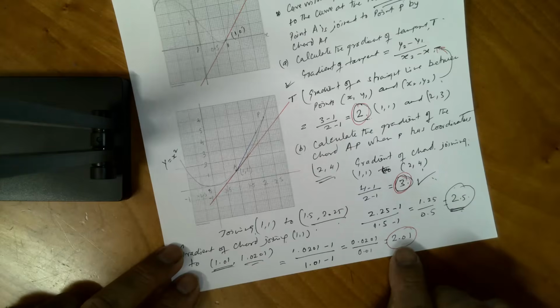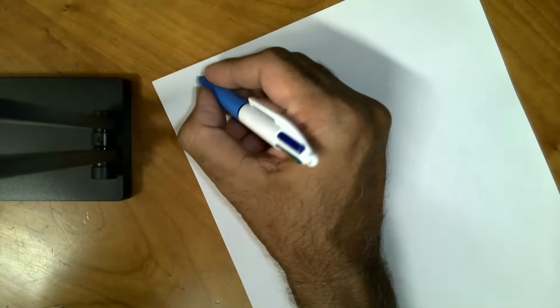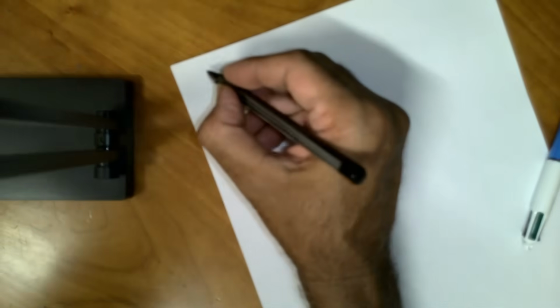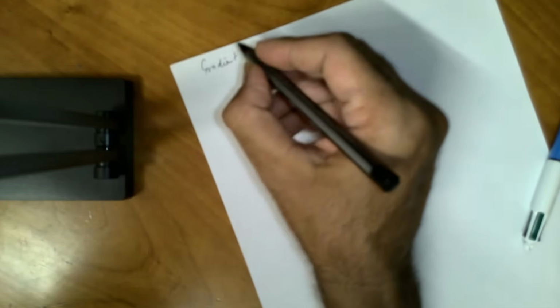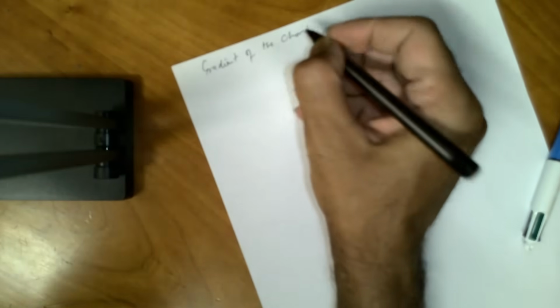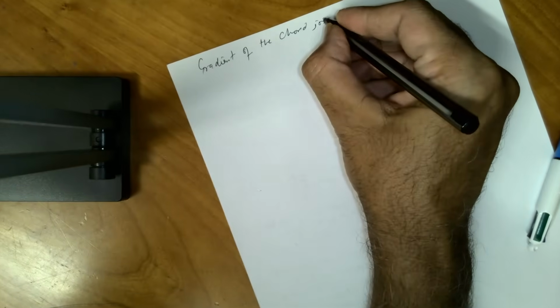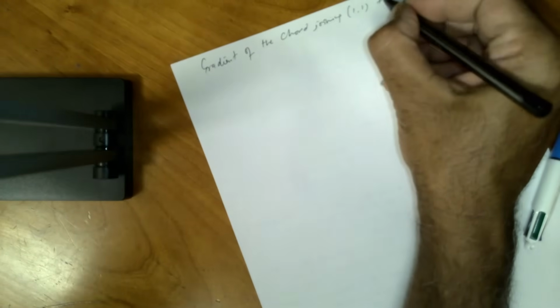Okay, so you see here your gradient is 2, right? Now I will go for a gradient of the chord. This time joining 1 and 1, 2.